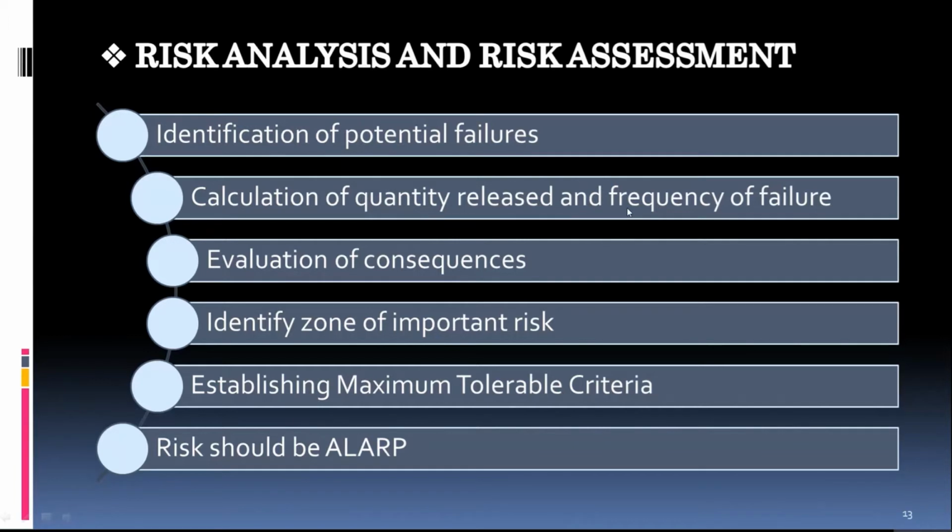This also includes the frequency of failure, that is, how many times in a year there can be a failure in a particular pipeline. Both these points help us to get the evaluation of the consequences due to these failures. This consequence evaluation helps us identify the zone of important risk. This zone can be very helpful during pipeline laying or monitoring.